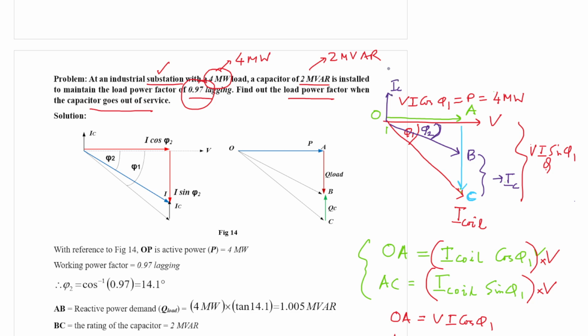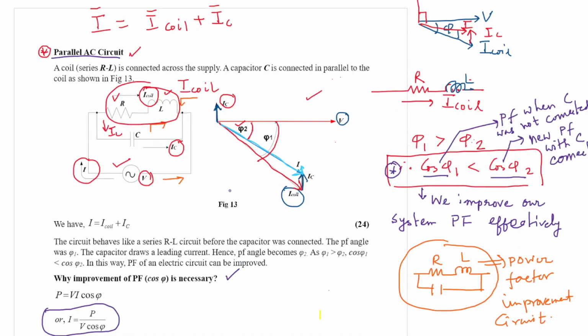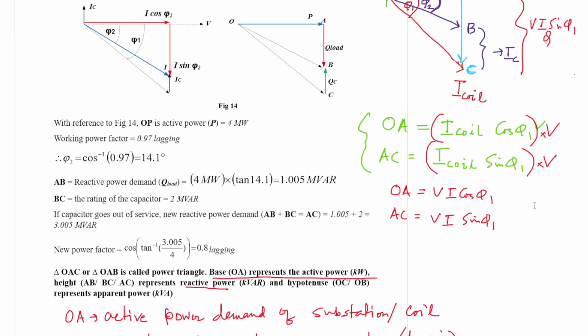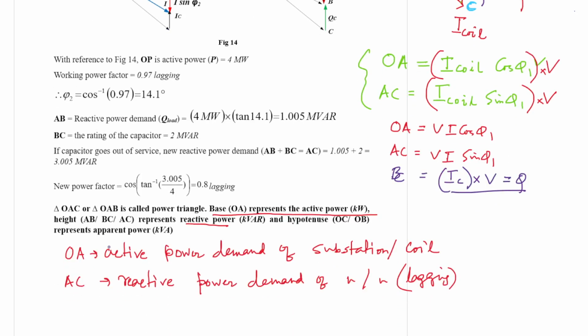If you compare with the previous diagram, BC is actually IC here. Now if we multiply this with V, it will again become reactive power, called the reactive power of the capacitor, but it is leading in nature.